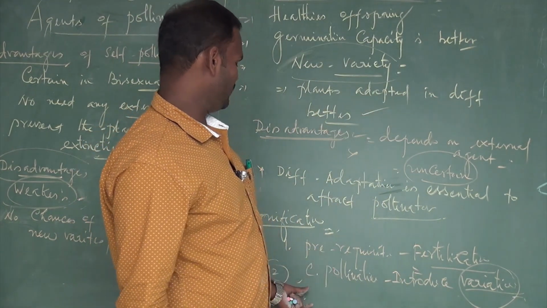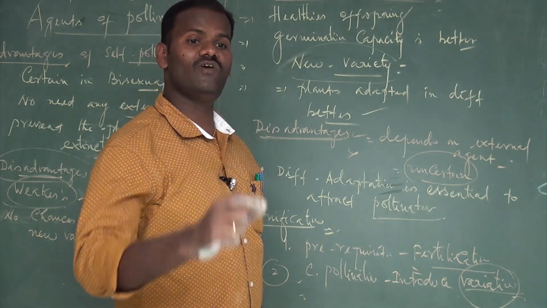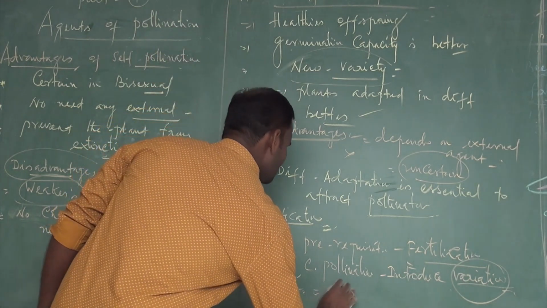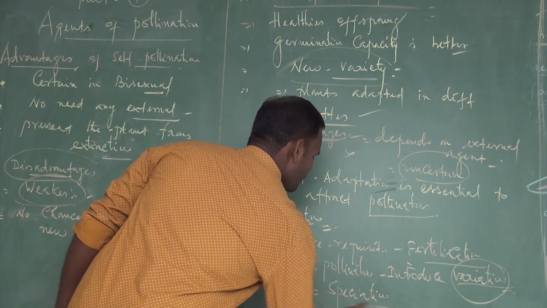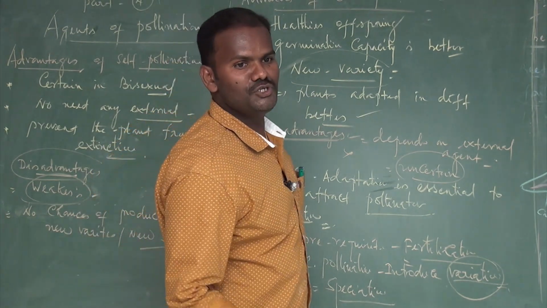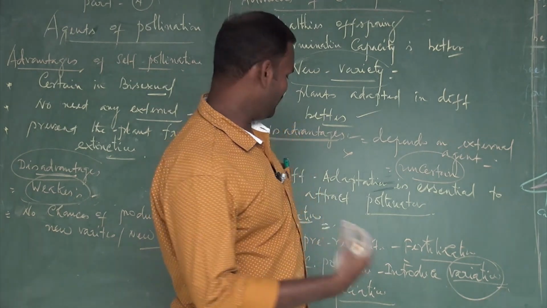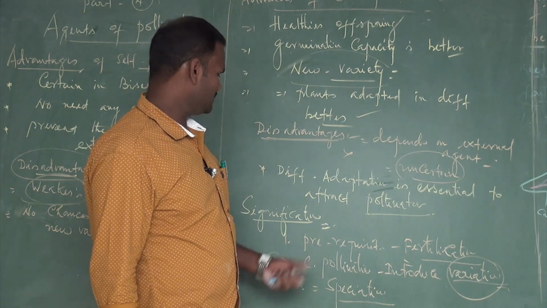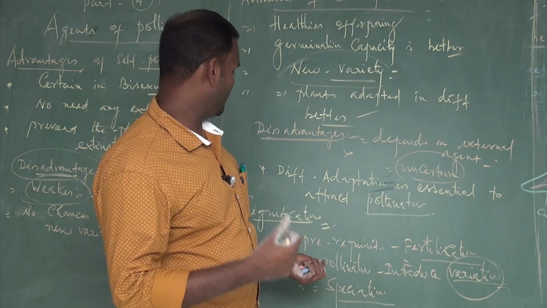The variation helps different plants to adapt to different types of environmental conditions. As a result, speciation takes place. Speciation, I mean the process of formation of new and distinct species in the course of evolution. Different types of species are formed through this process. So these are the significance of pollination.